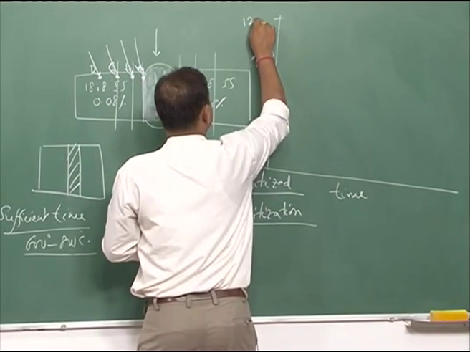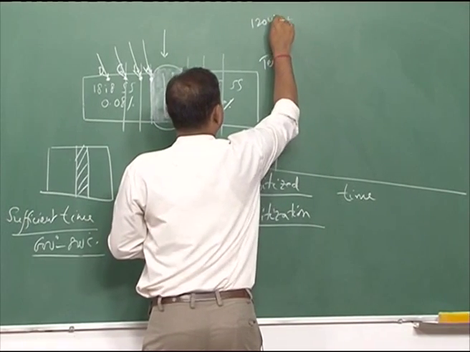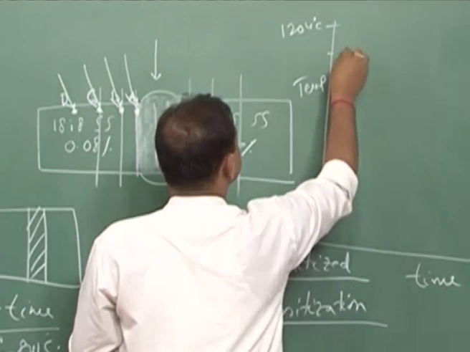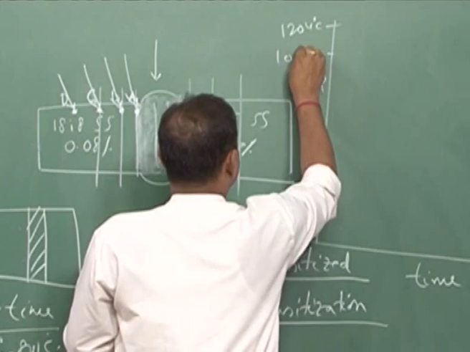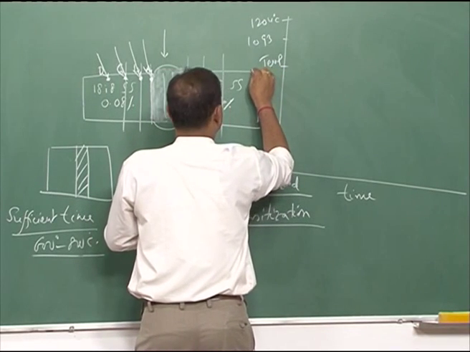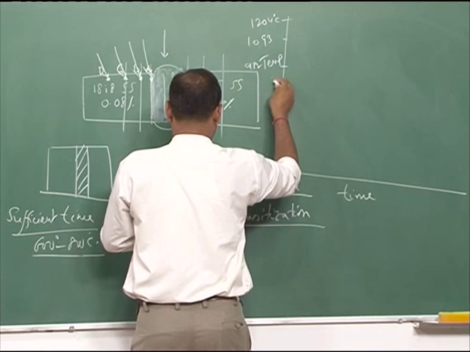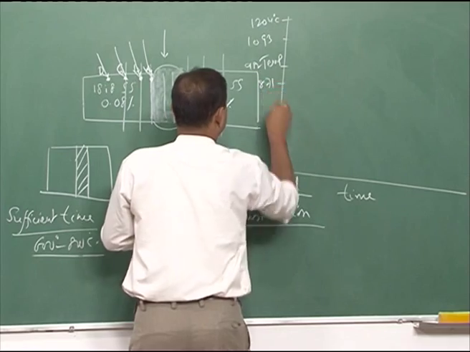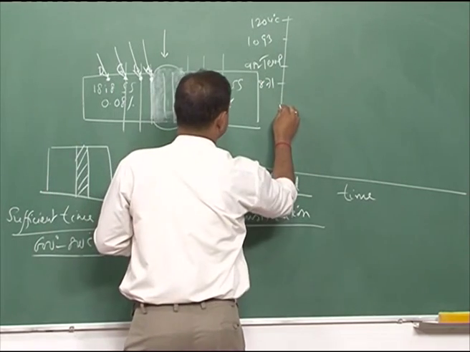Let us say this is 1204 degrees Celsius, this is 93, then you have 982, then 871, and this is in the centigrade scale.